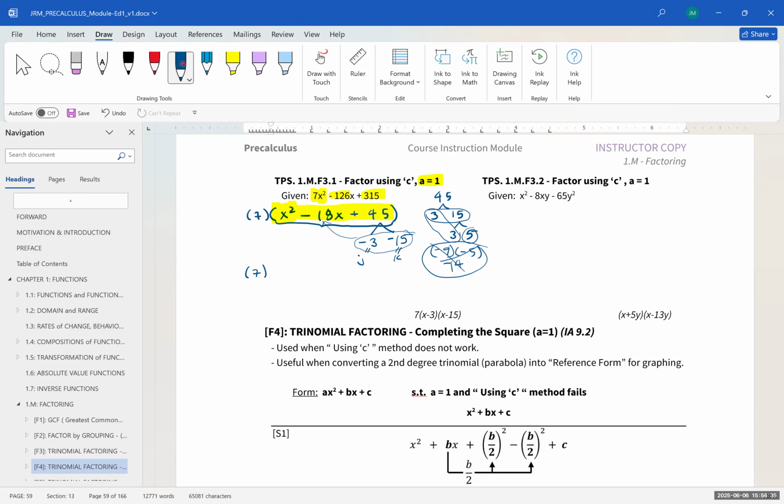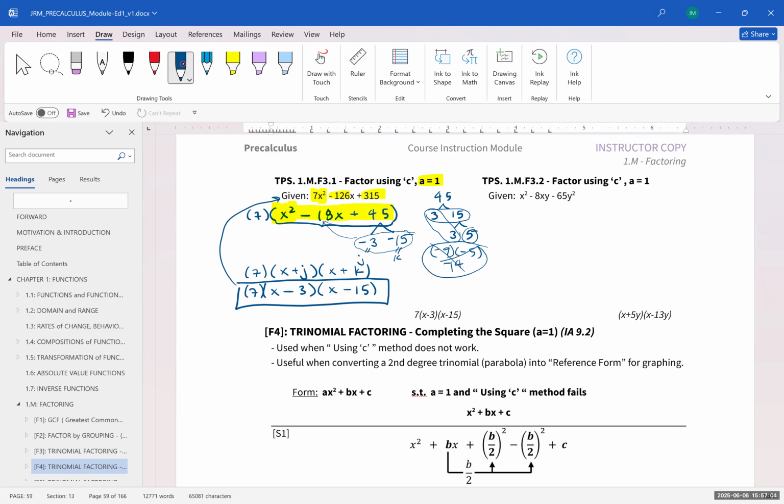So we're going to have 7 times x plus j times x plus k. So 7 times x, and now j is negative 3, so that's going to be minus 3, and k is negative 15, so that's going to be negative 15. So this is the factored form of this original trinomial.